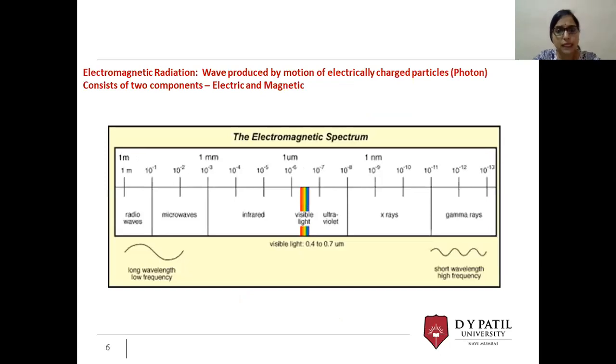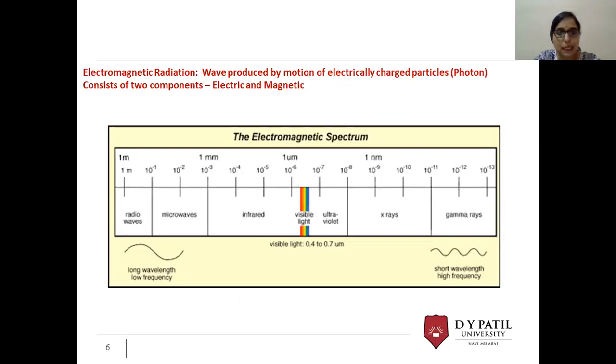Now, here the well-known electromagnetic spectrum I'm trying to show you. So there's nothing new with this, but just to get a quick revision of the things, I have plotted this here. So we can start with radio waves.